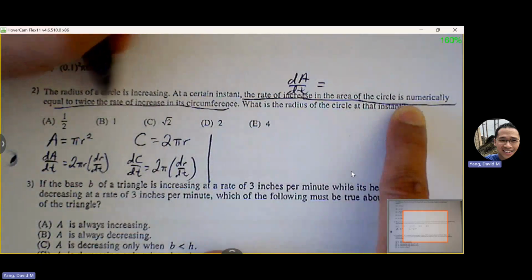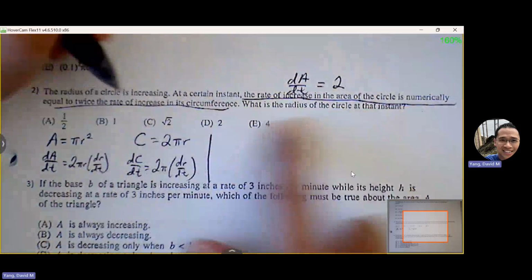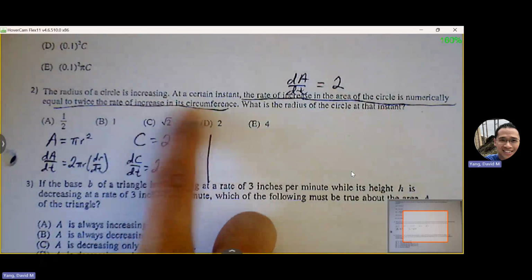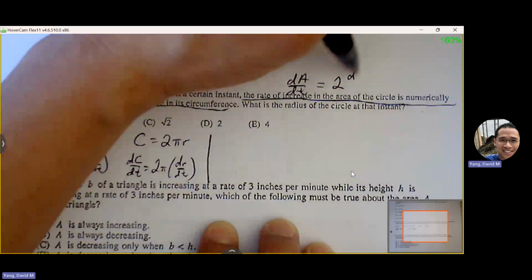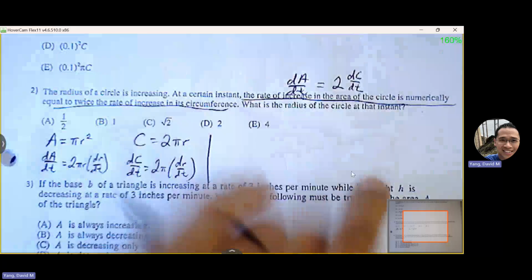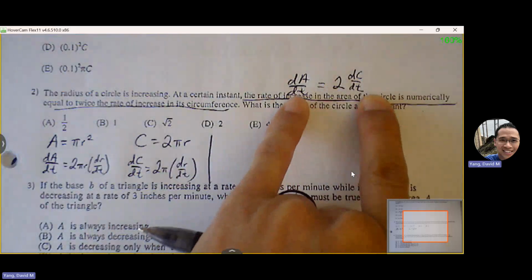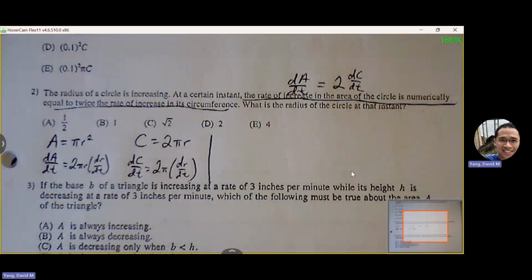So the rate is dA/dt equals twice dC/dt, right? Twice the rate of increase of circumference. So we're looking for when this equation is true, when dA/dt is equal to twice dC/dt.